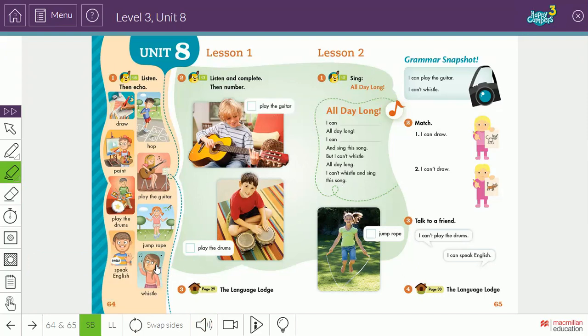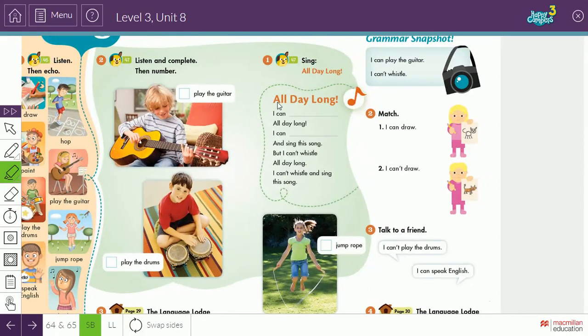Yes, very good. Let's explain the words of the lyrics of this song. All day long. Listen to the song and fill in the blank here. I can. All day long.